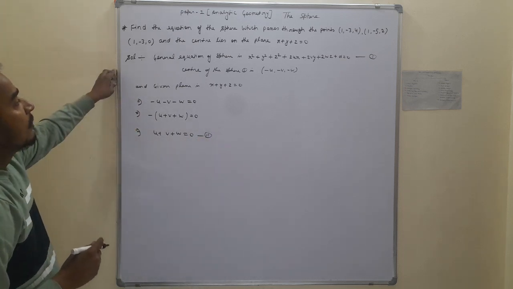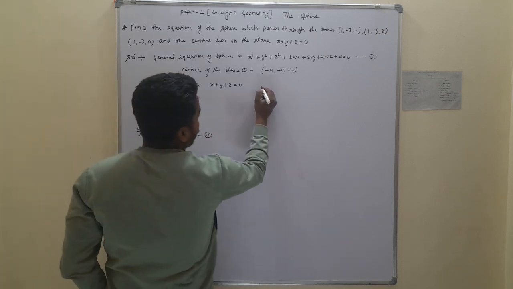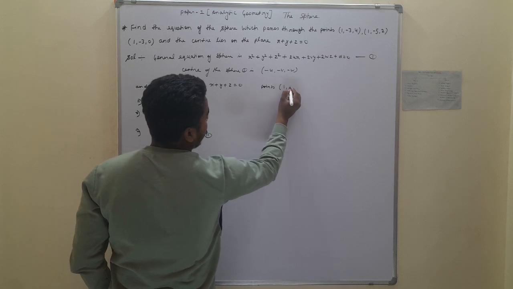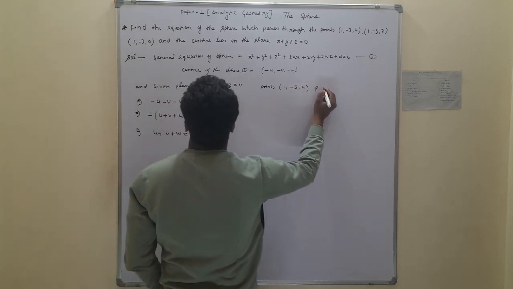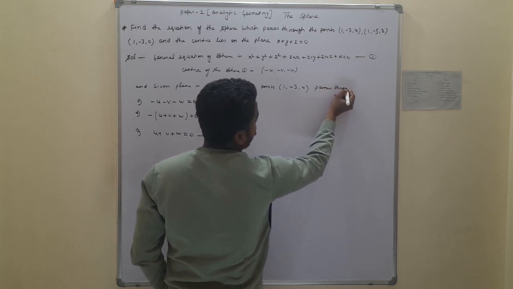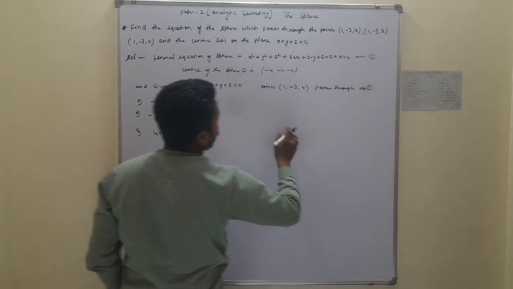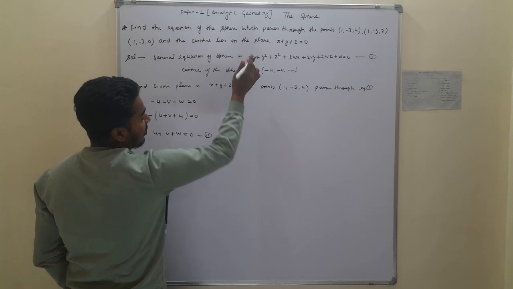Further, the point (1, -3, 4) passes through equation 1. We put x = 1, y = -3, z = 4.